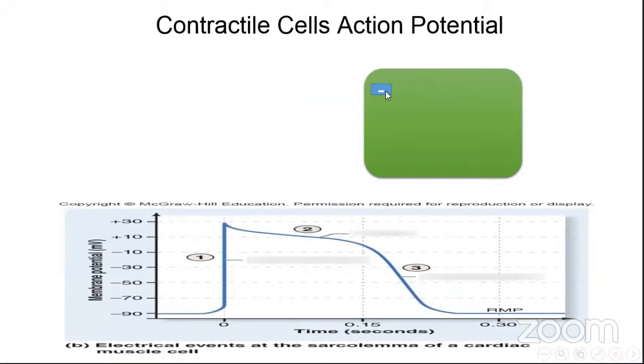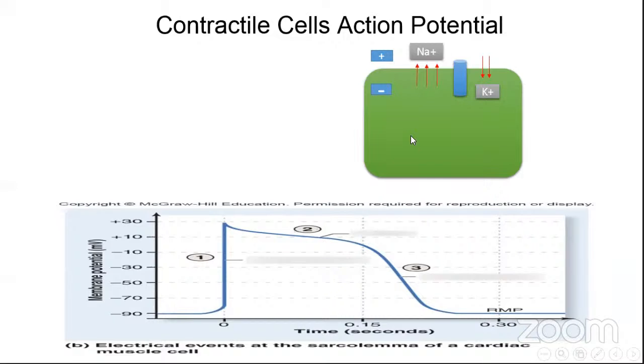It's a little bit negative inside compared to outside because of a pump sitting in its membrane that takes 3 sodium from inside and pumps them outside. At the same time, it takes 2 potassium from outside the cell and pumps them in. You will have a net positive charge outside the cell compared to inside. In cardiac muscle, it's -90 mV, and this is the resting membrane potential.